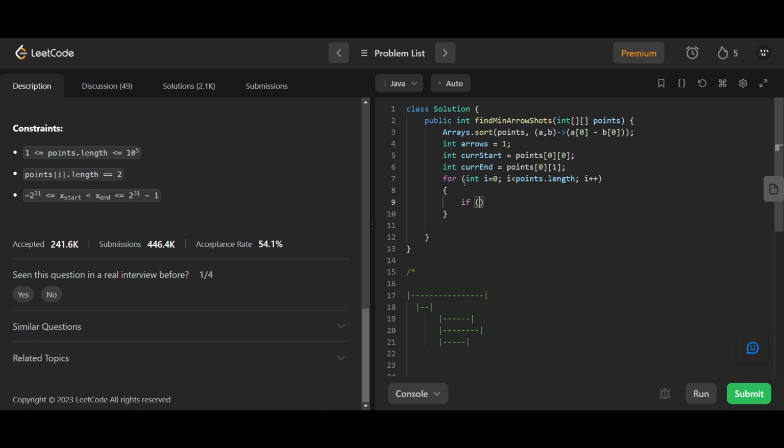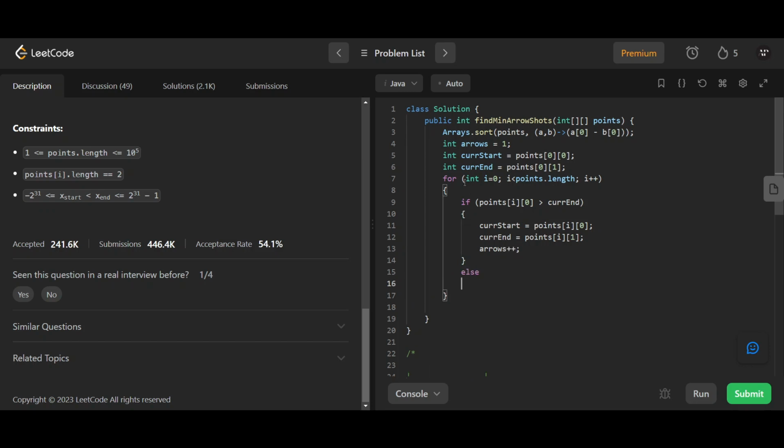First of all, if it starts before the last guy ends, right? So if points of i 0, well, first of all, if it's greater than current end, then you just do what? You just do current start equals to points of i 0 and current end equals to points of i 1, and you do arrows plus plus.